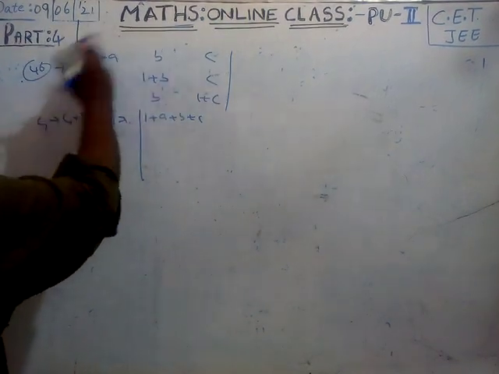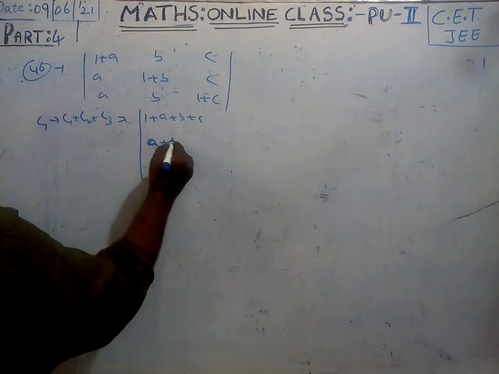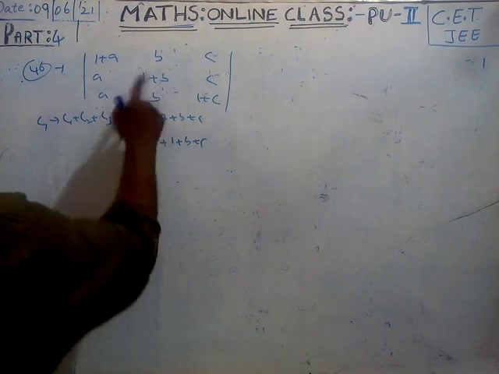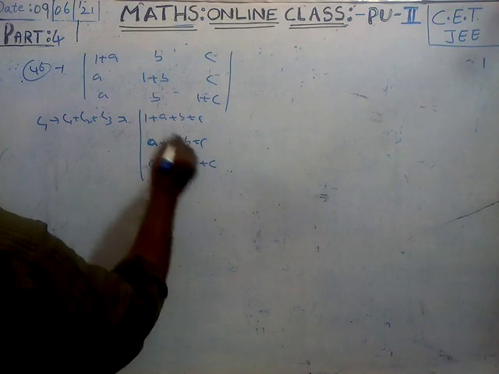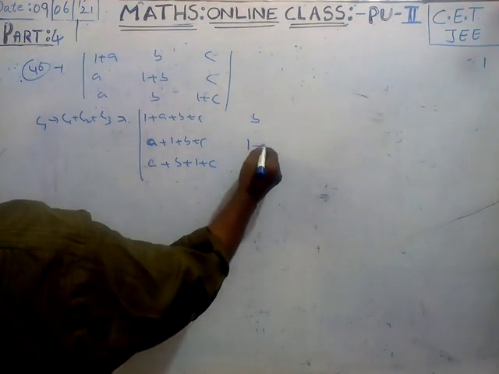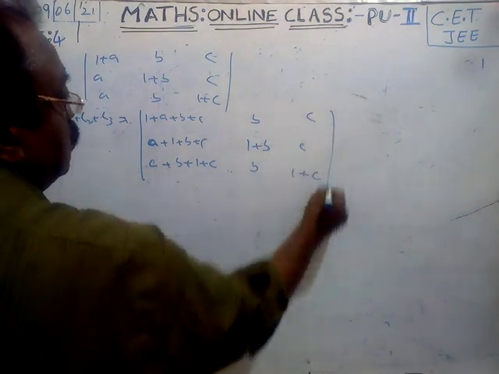C1: 1 plus a plus b plus c. Here a plus 1 plus b plus c. Here a plus b plus 1 plus c. Here is b, 1 plus b, b. c, 1 plus c is there.